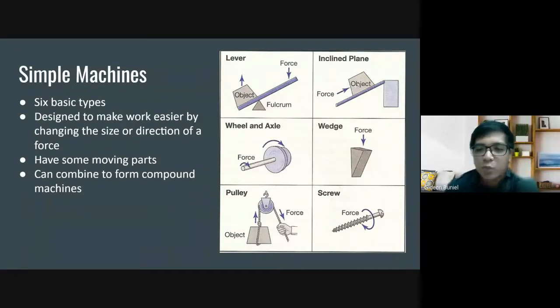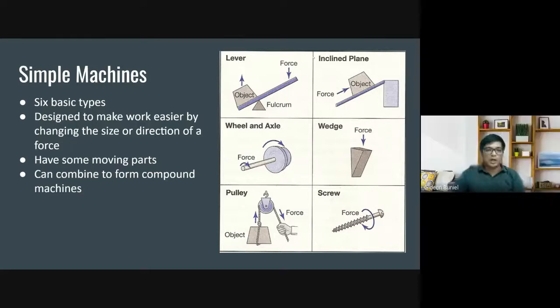So the next one we have is the inclined plane. You just have to follow the image. Here you apply the force. Like for the lever, you can see the arrow. The force is downward. This is the object here, let's say this is the load for the lever. When you push this one, can you see my mouse arrow?